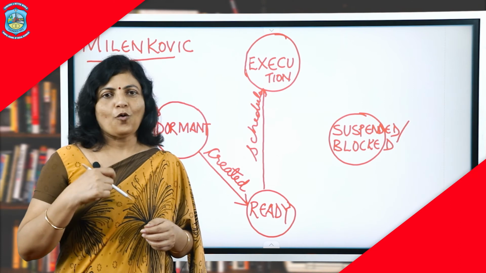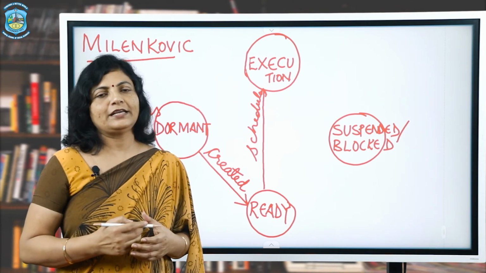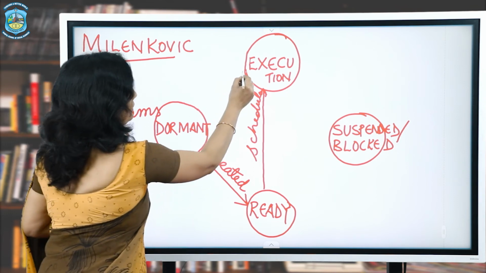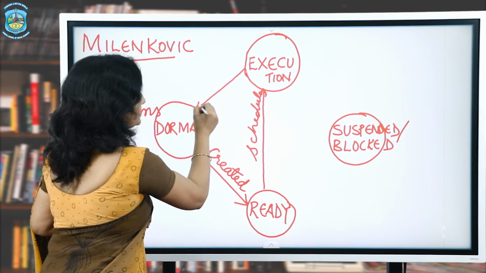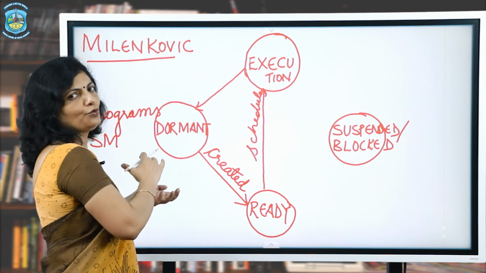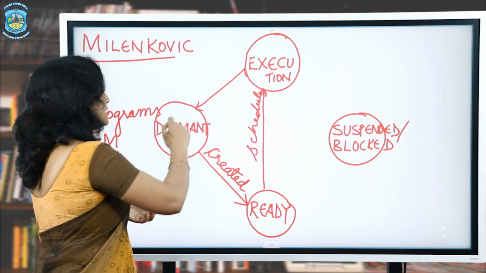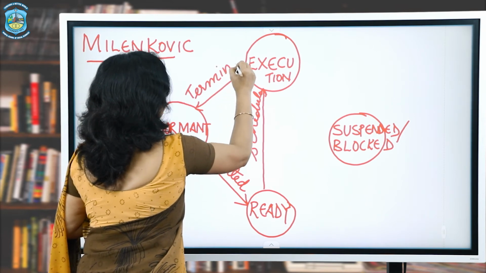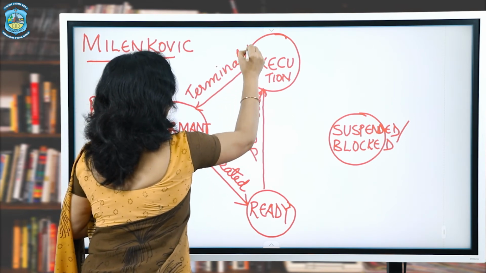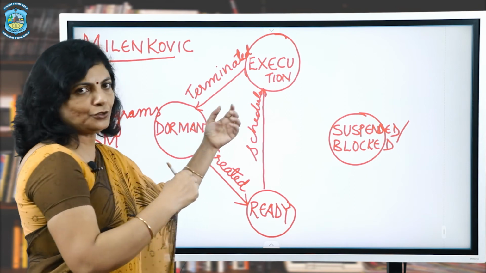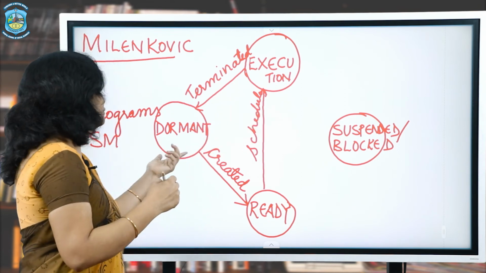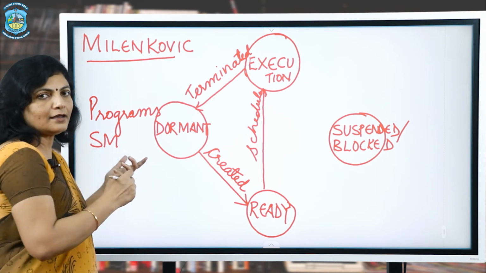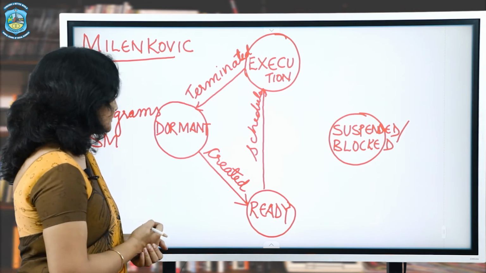And when a process is successfully executed or processed, it is terminated from the execution state back to the dormant state. So, it is terminated, back from the CPU to the dormant state, which is residing in the secondary memory.